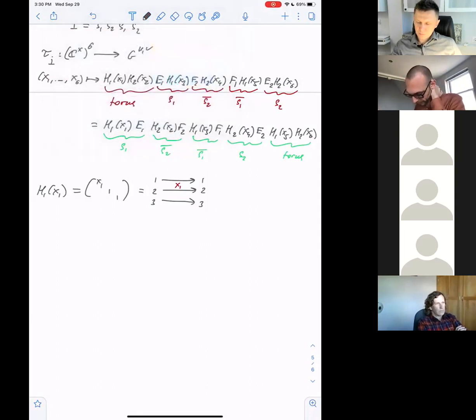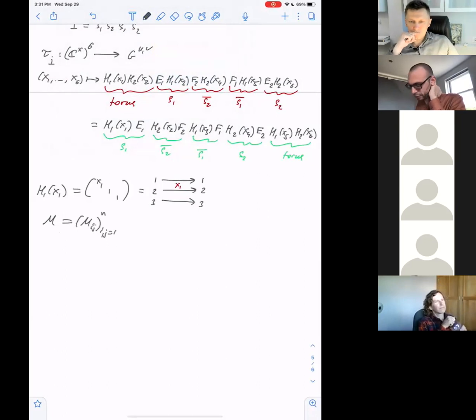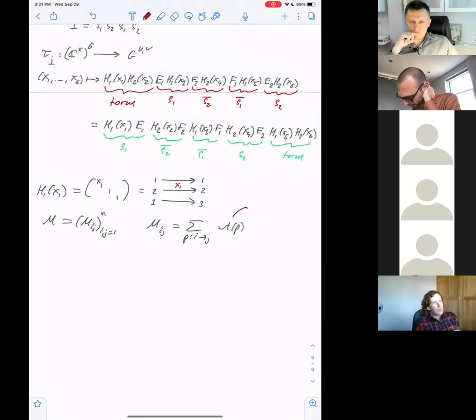If I have a network, the matrix M with entries Mij, where i, j run from 1 to n, that I construct from a network is the following. The entry Mij is just the sum over all paths in the network from i to j of the weight of the path. The weight of the path is the product of all x's below the path.